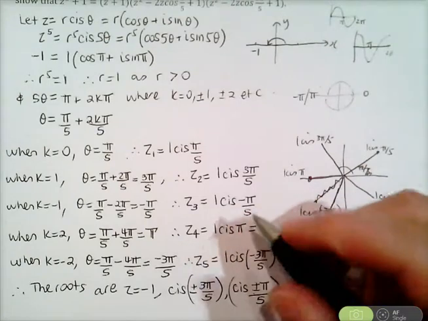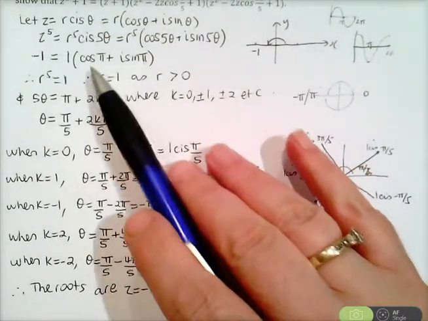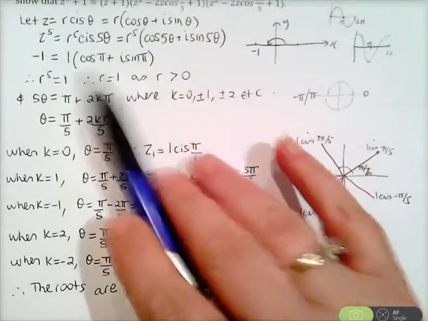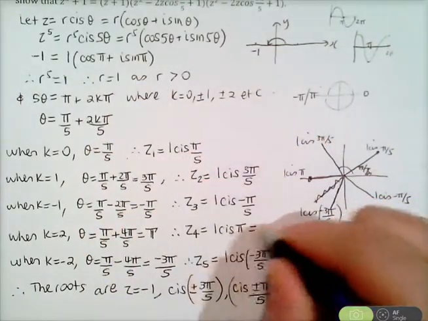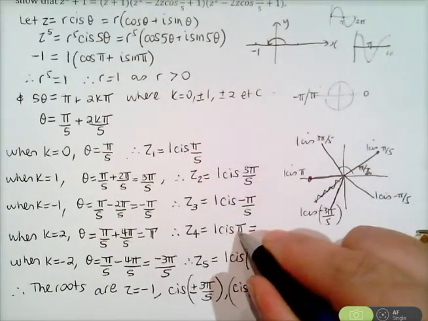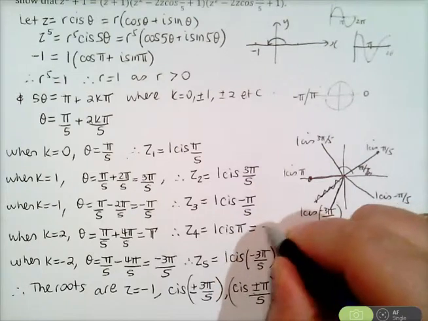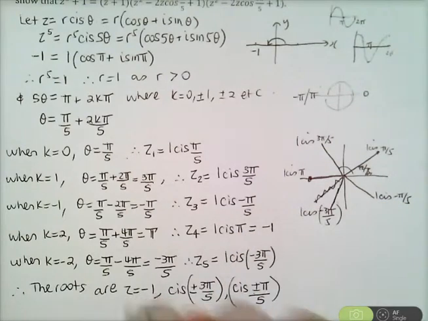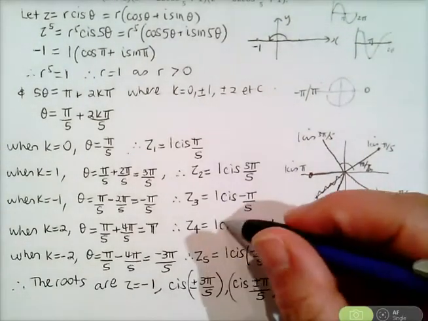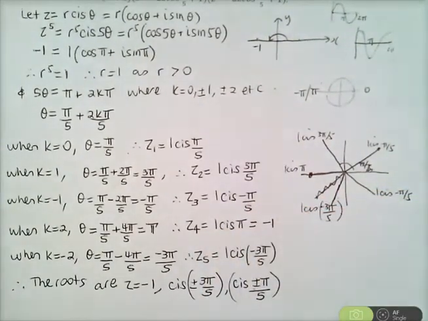Coming back up here, 1 cis pi, we know that cis pi is the same as negative 1, because it's 1 times cos pi plus i sine pi, so it's negative 1, which is why I've got here that z is negative 1 for my first root, again because cis pi is negative 1.